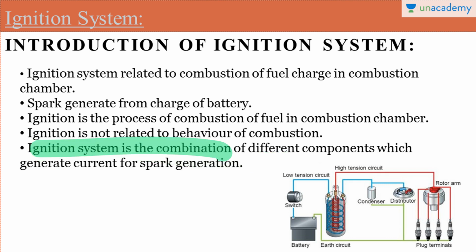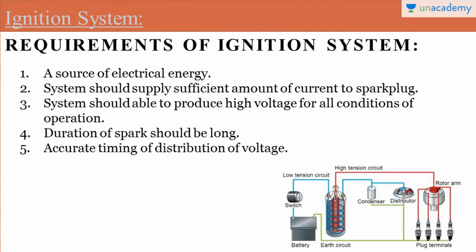What is this ignition system, or how does this ignition system work? Now let's move towards the basic requirements of the ignition system. What are the basic requirements of the ignition system during the ignition of the fuel charge? The first requirement is a source of electrical energy. A source of electrical energy is always required in the ignition system.